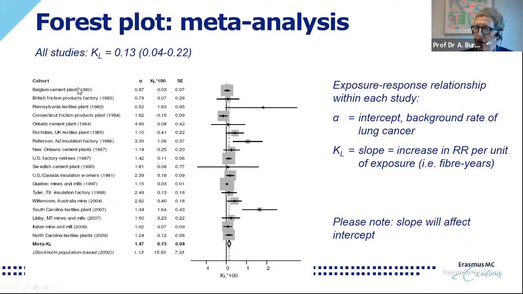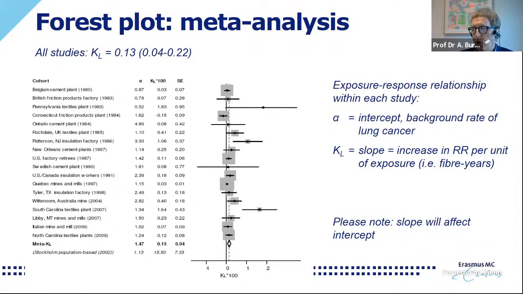So here we have all the studies. Within each study, there is an exposure response relationship calculated that is reflected by the intercept, the alpha. Here we have the slope, that's the exposure response association, and here we have the standard error of the slope.